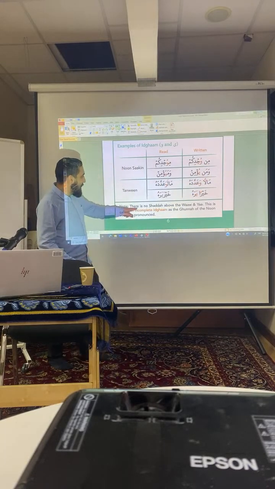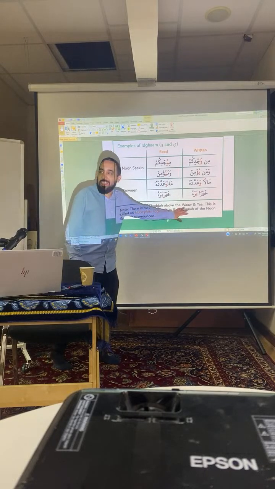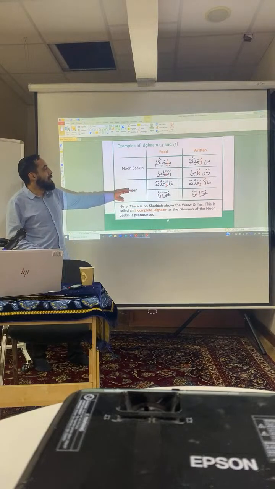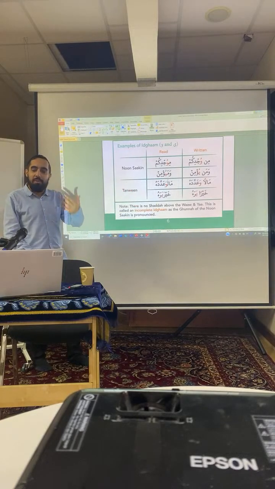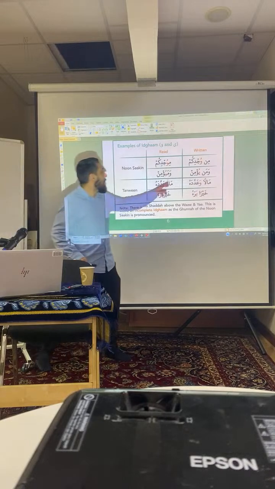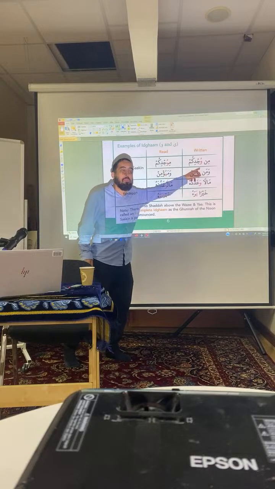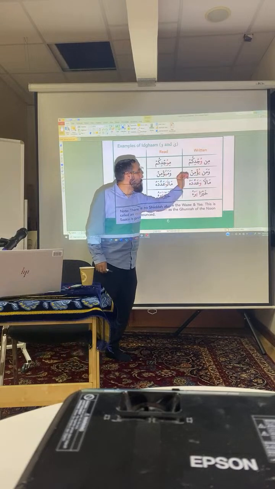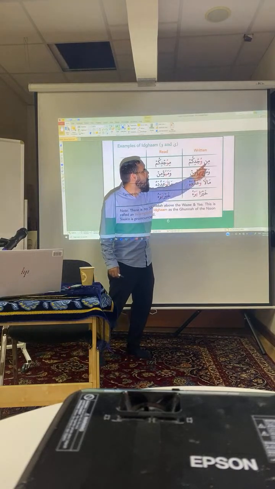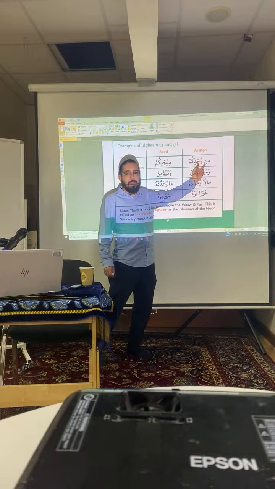Now this does say there's no tashdid, but I disagree with this. The way it's pronounced, you would clearly hear a tashdid, so it does have a tashdid. So it wouldn't become mewajidkum, it would become mewajjidkum. You're basically replacing that noon with another letter of that. So this would be wav, this would be wav, two wavs become a tashdid.